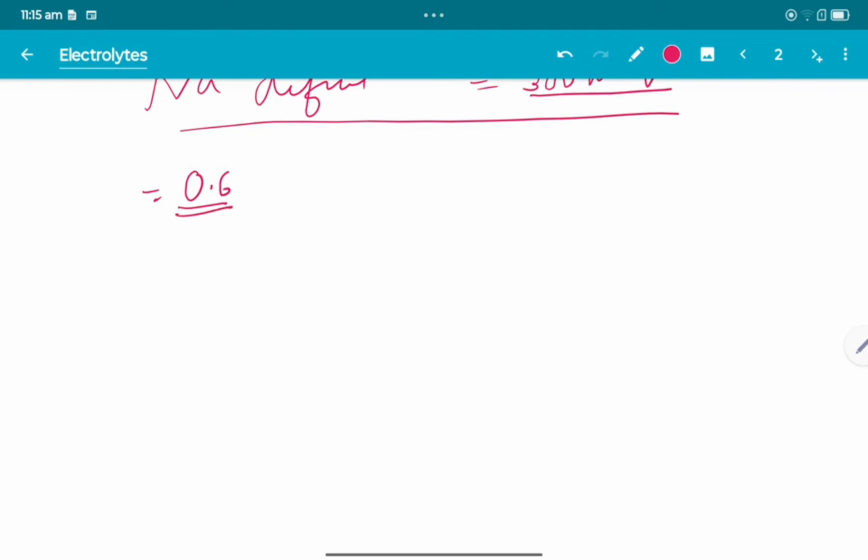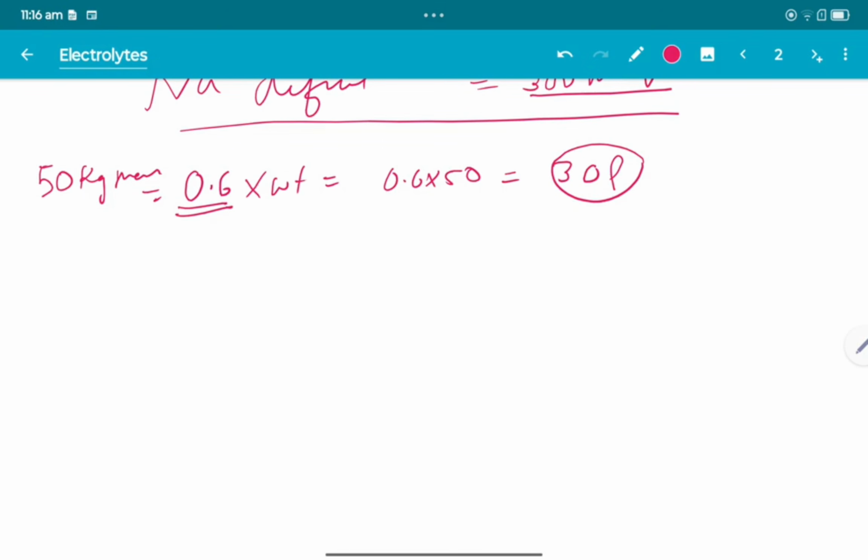Because about 60% of the body weight is water, so 0.6 from that only. 0.6 into the weight in kg, 0.6 into 50 is 30. So this 50 kg man will have approximately 30 liters of water in his body.